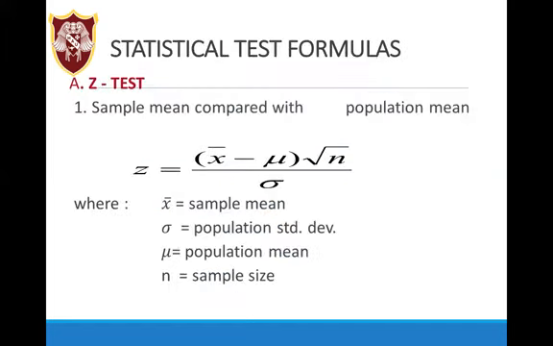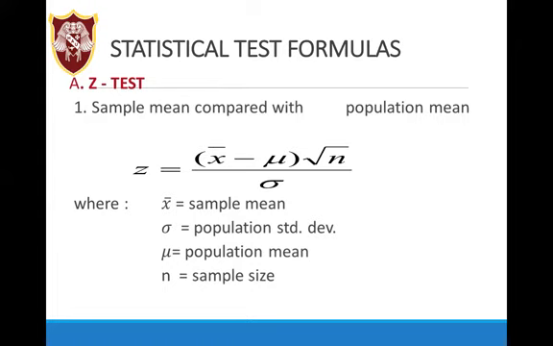These next slides will show you the different statistical test formulas for both the z-test and the t-test. The first one is the formula that we use given a sample mean compared with a population mean.